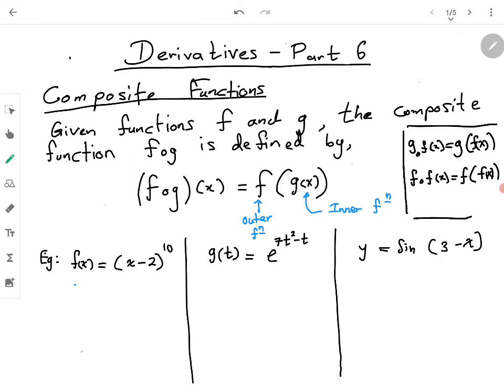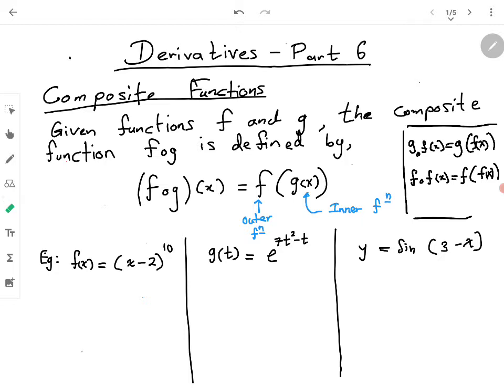So in this first example, my function is x minus 2 raised to the 10th power. So this is similar to what? This is similar to x to the 10. So this is similar to a power function. So in a power function, 10 is the outer function, or the power is the outer function.